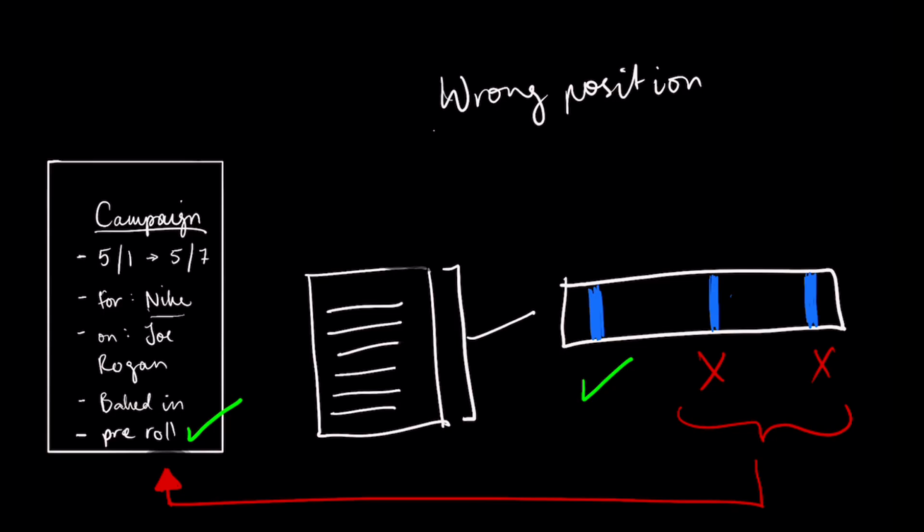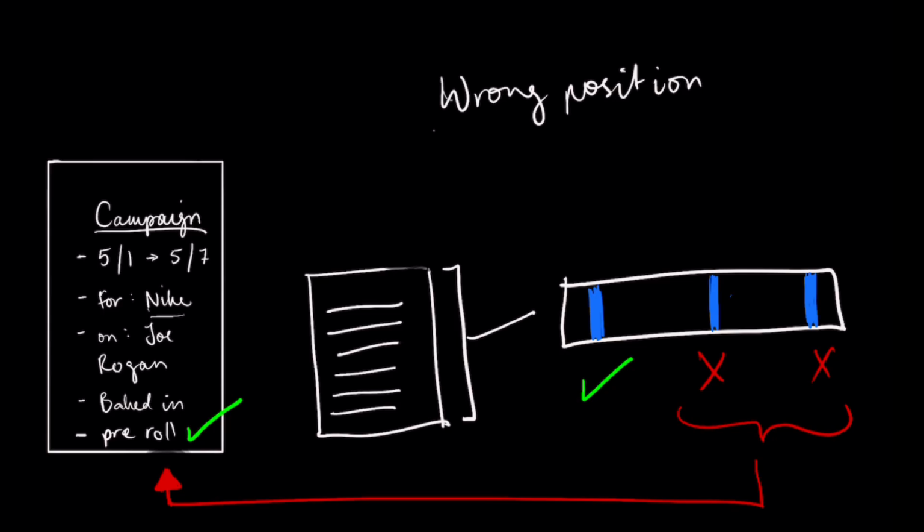But the flags are much more reliable if you're looking at baked-in campaigns than you are for DAI campaigns. So if you find that you have one DAI campaign that is a pre-roll and another DAI campaign that is a mid-roll, but they both say wrong position, it's just that the pre-roll ad was matched to the mid-roll campaign and the mid-roll ad was attached to the pre-roll campaign.